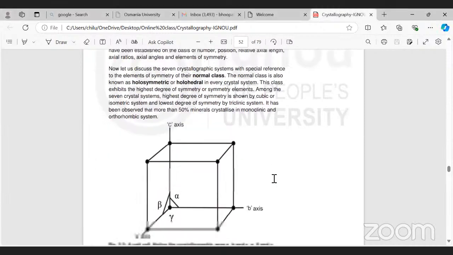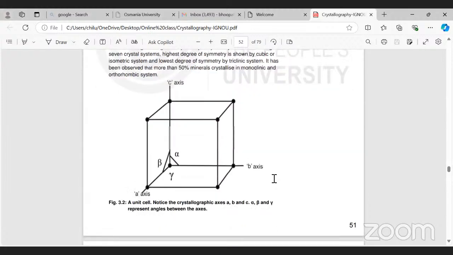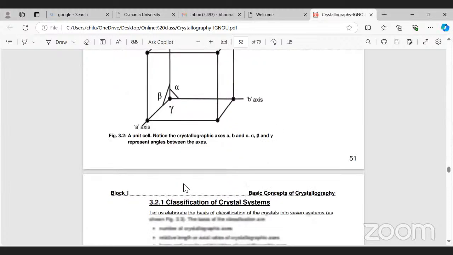Now, what is this picture showing here? It is a unit cell, and it shows the different crystallographic axes: axis A, axis B, and axis C. The inclination of angles between these axes is represented by alpha, beta, and gamma.